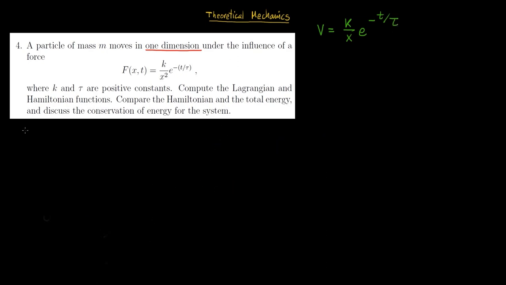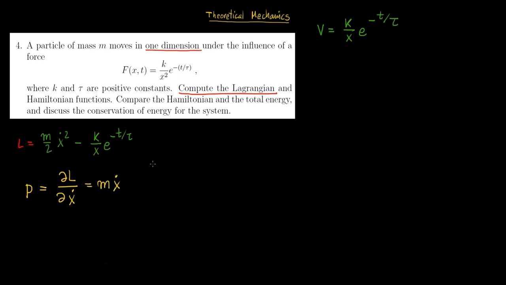Great. Now the Lagrangian will be m over 2 x dot squared minus the potential energy. Perfect. Let's compute the Hamiltonian. So we need the canonical momentum that, as you know, is defined by the partial derivative of L with respect to q dot, in this case x dot, coordinate, and this is m x dot.